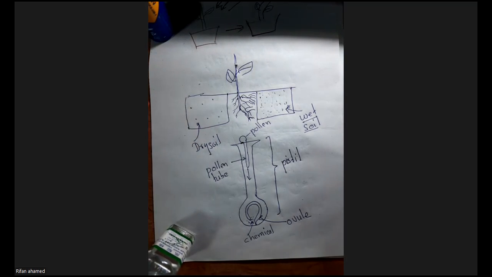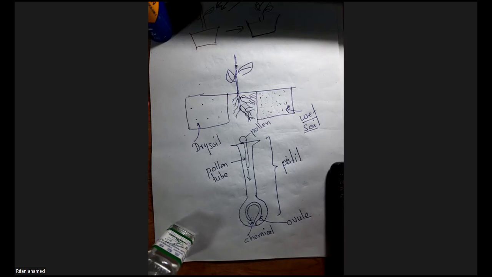Chemicals are attracting the pollen tube. So pollen tube is coming near and near to the chemicals.